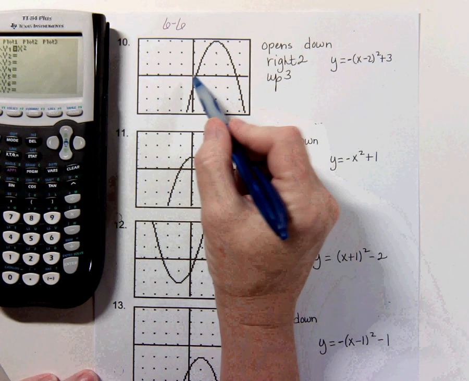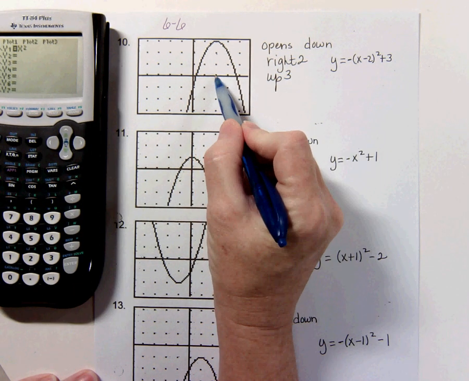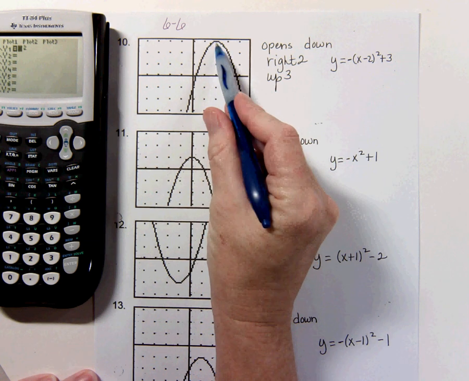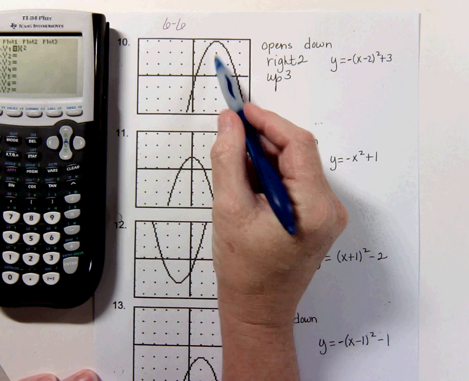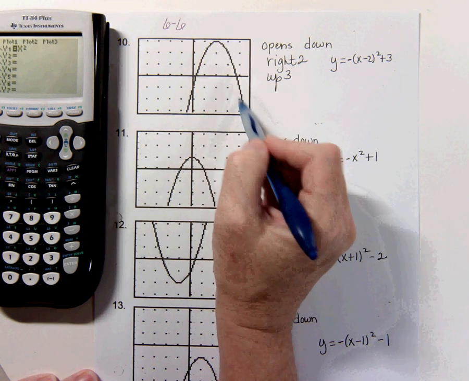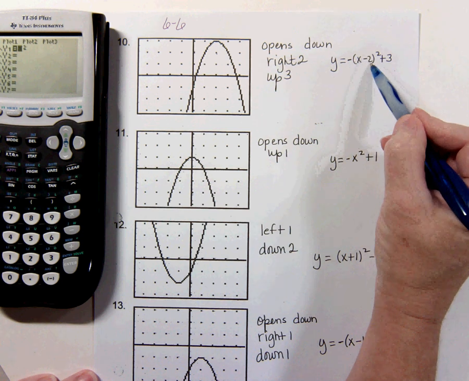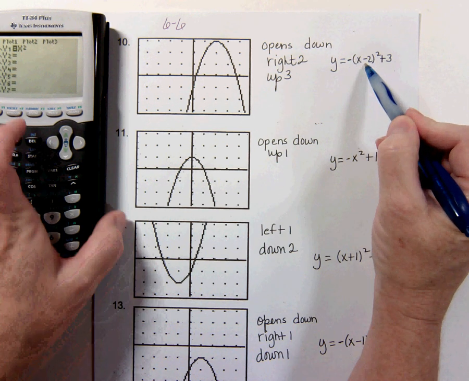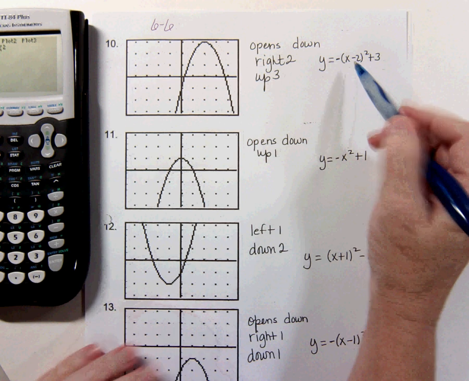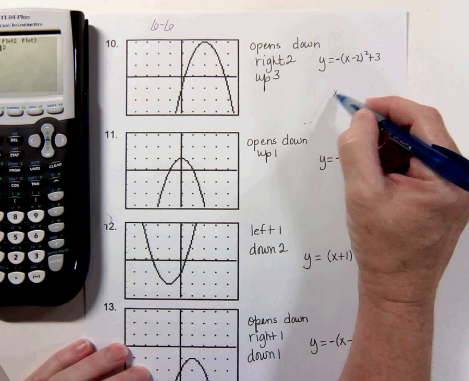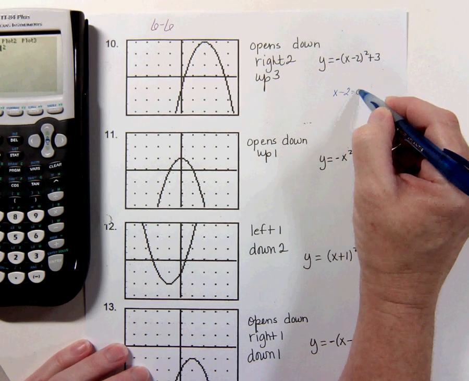So here's our vertex. We shifted over 2 places to the right, and we went up 3 places. Be careful, this is a negative parabola, so you have to have a negative on the outside of your parentheses. Again, recalling that that would be like saying x minus 2 was equal to 0.